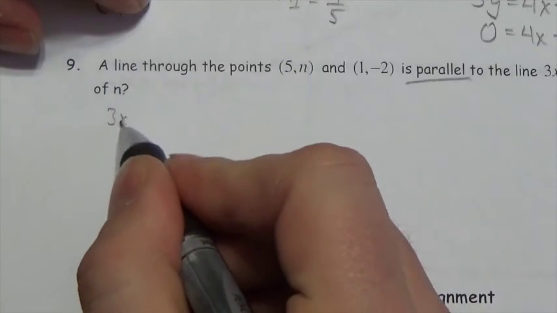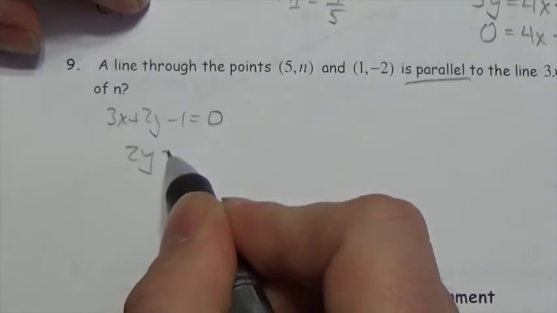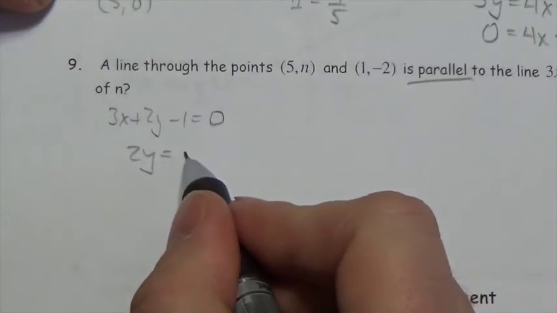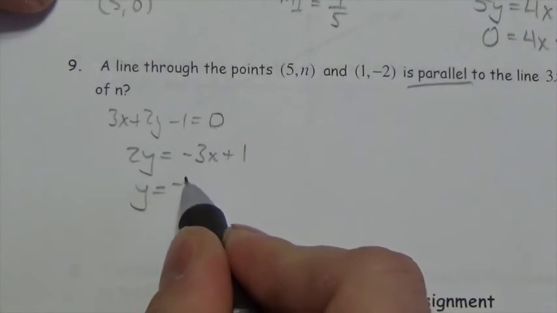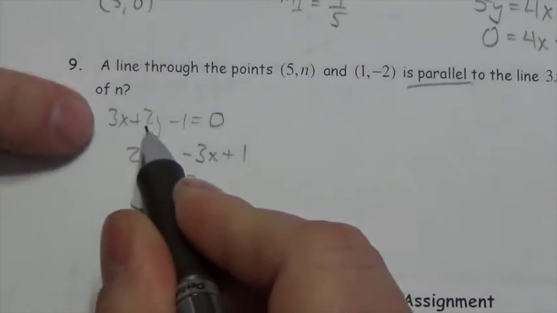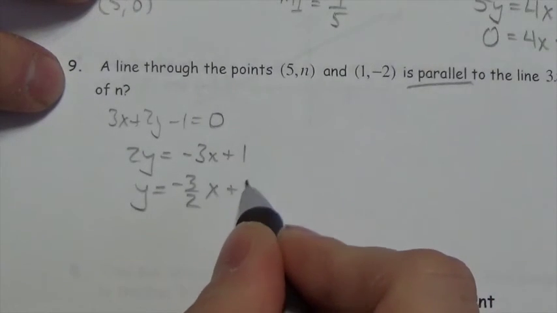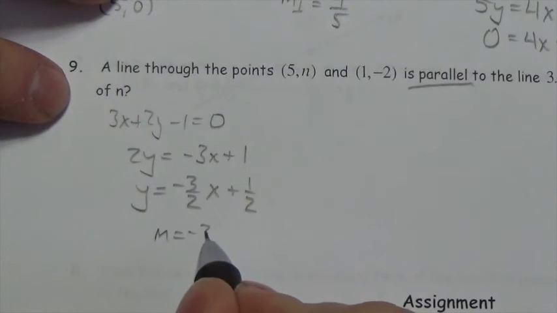So 3x plus 2y minus 1 is equal to 0. I've got to get that 2y by itself, put that into slope-intercept form so that I can figure out what the slope is. I've got to isolate the y. So I bring over the 3x and the negative 1, and I'll divide by 2, and I get that my slope here is negative 3/2.